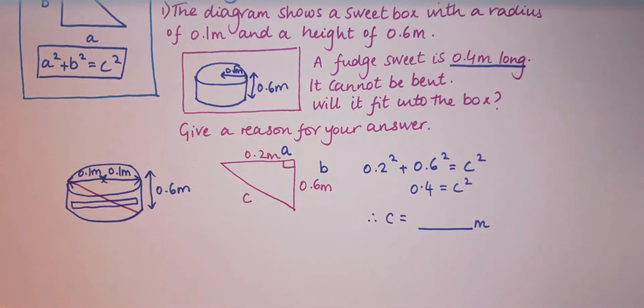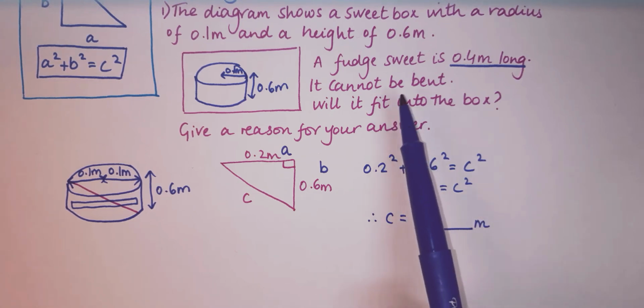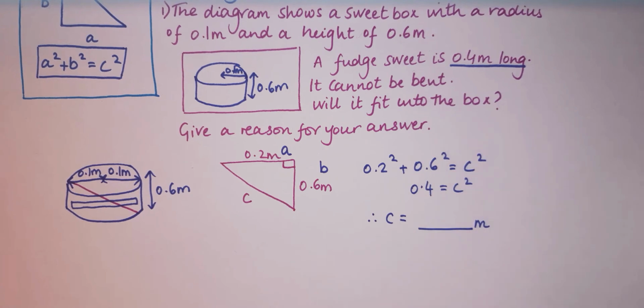When you put that into your calculator, you're going to get quite a long decimal, 0.632455532. But we don't really want a very long decimal. You could write it all out, because it's only asking you if the sweet fits or not, so we can write the whole thing underneath.